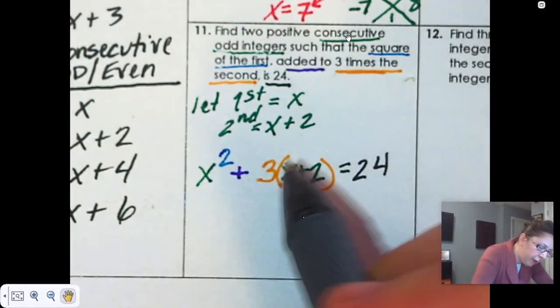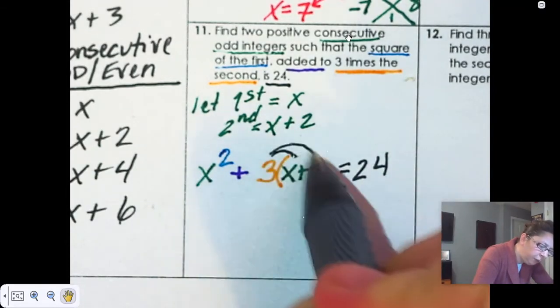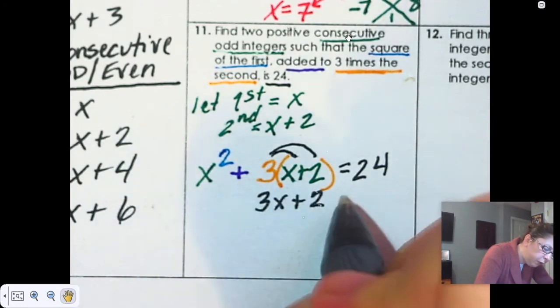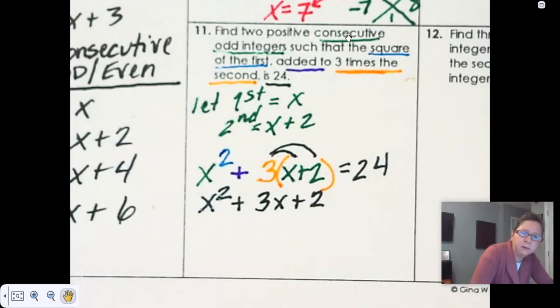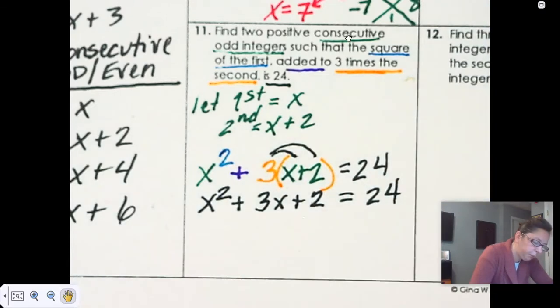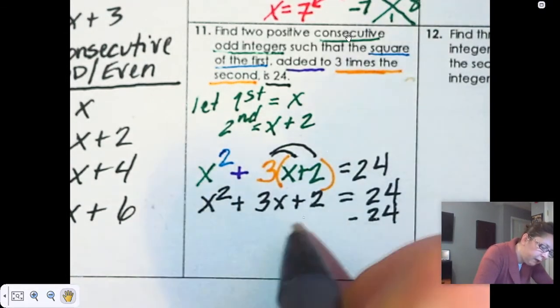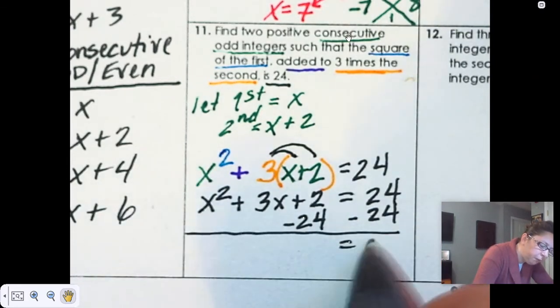So I have a parenthesis, so I need to distribute. 3x plus 2, bring down the x squared and the positive, and that equals 24. Now I need to subtract 24 from both sides, so that this is equal to 0.